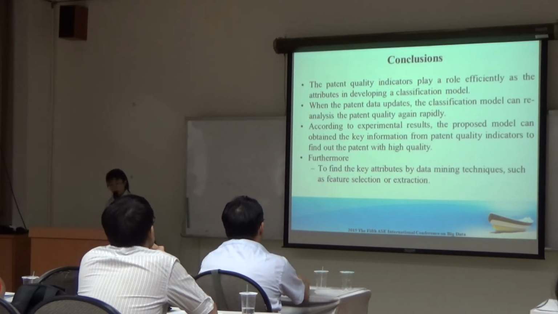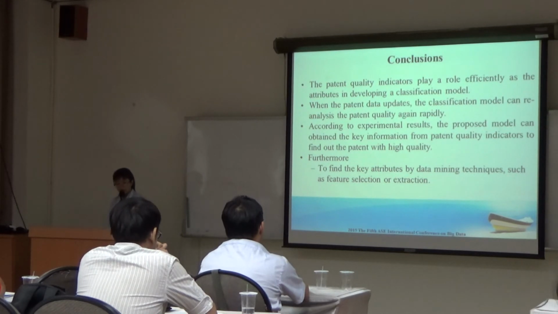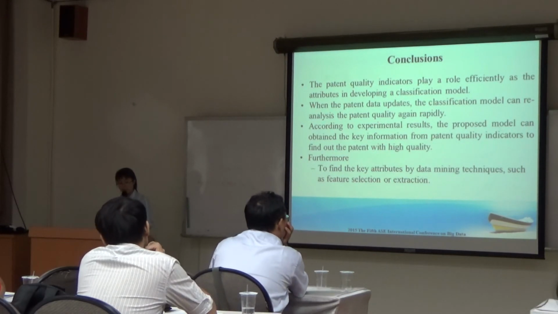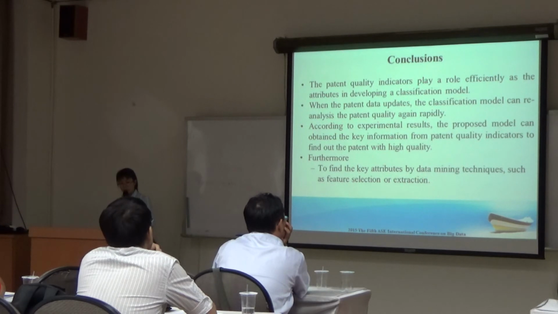The patent quality indicators play a role efficiently as the attributes in developing a classification model. According to the experimental results, the proposed model can obtain the key information from the patent quality indicators to find out the patents with high quality.